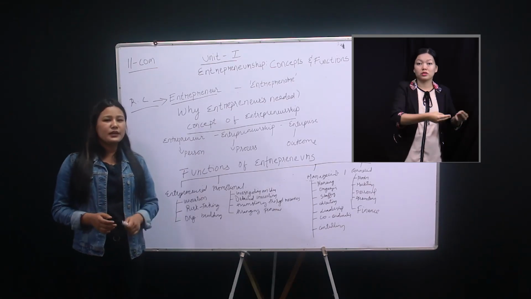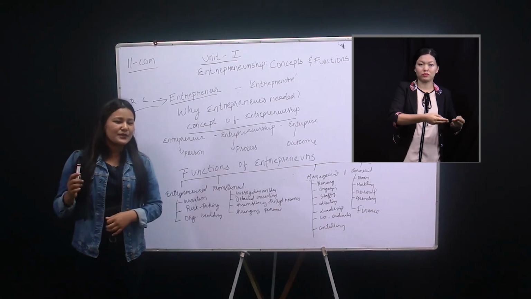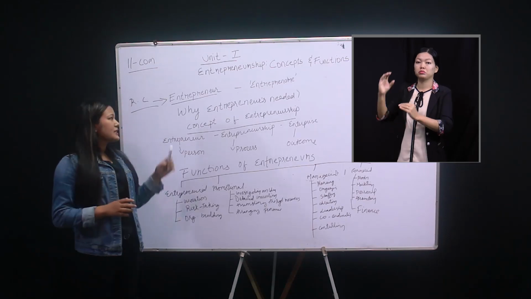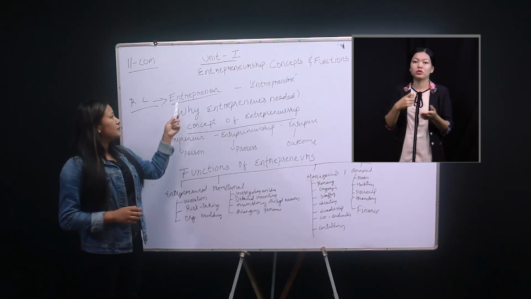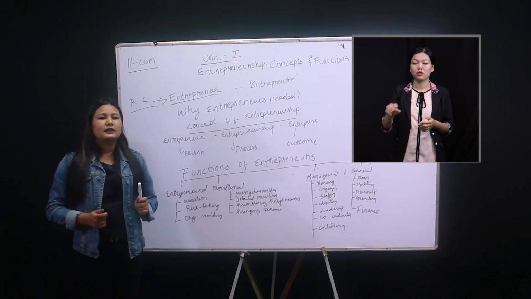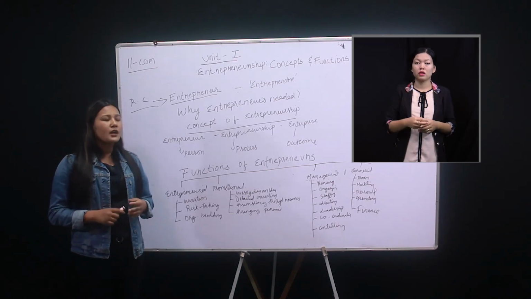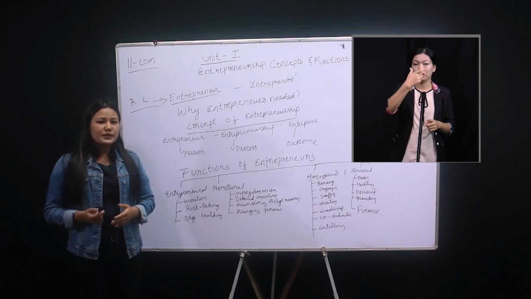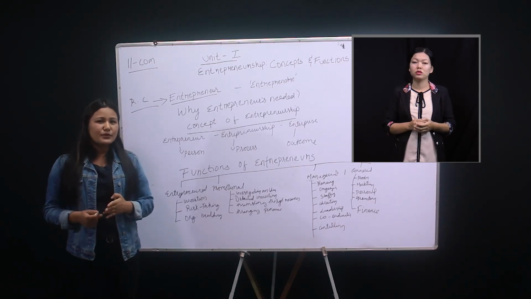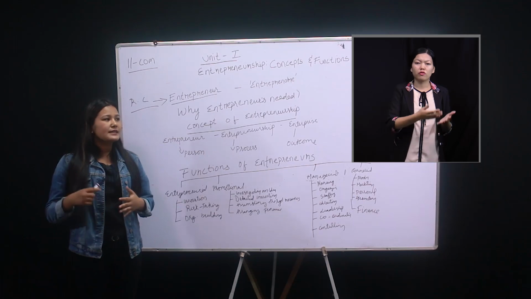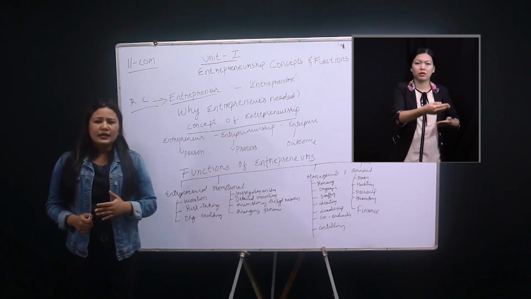Uncertain price here means at higher price, which means profit. So Richard Cantillon defines an entrepreneur as a person who pays a certain price for a particular product and sells it at an uncertain price.